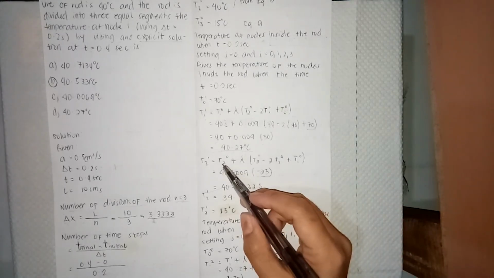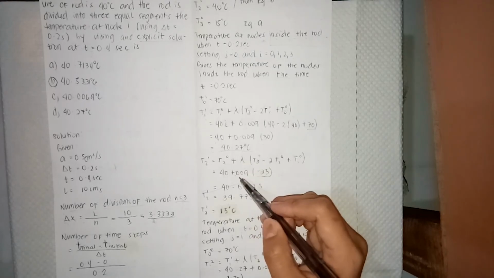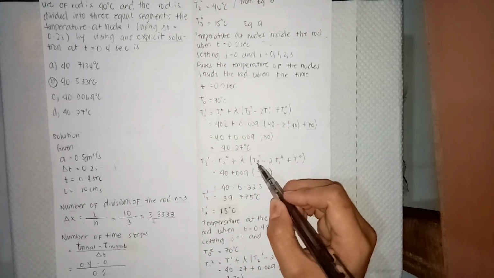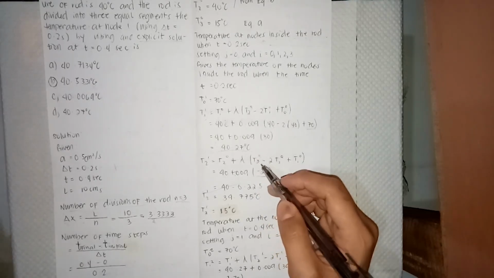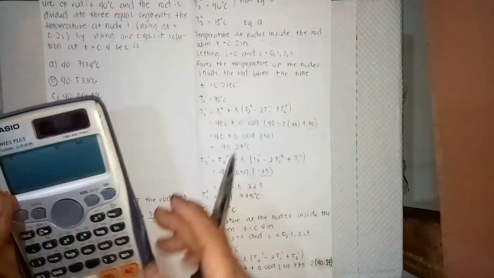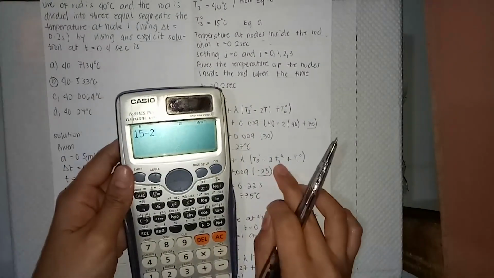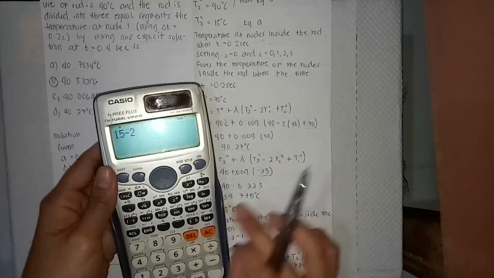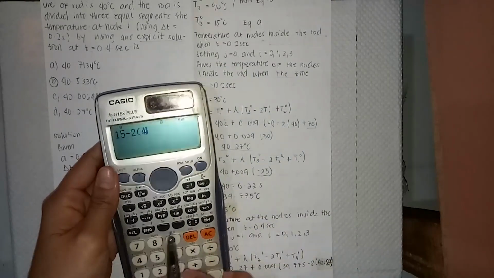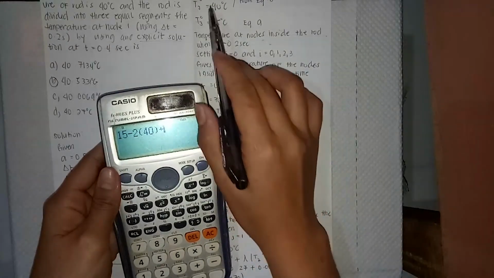So next, our temperature at node 2, the formula is T at node 2 is 40 plus our lambda 0.009 multiplied by the value of our temperature at node 3, which is 15, and then minus 2 multiplied by our temperature at node 2, which is 40, and then plus the temperature at node 1, which is 40.